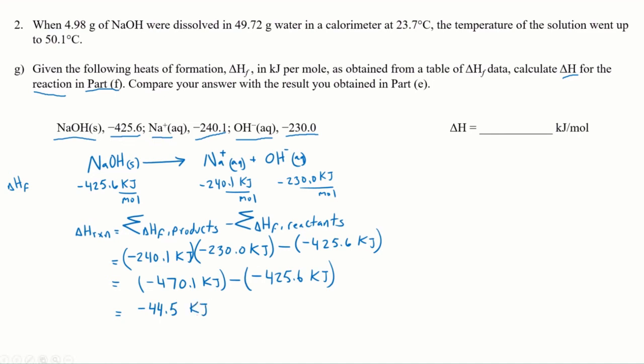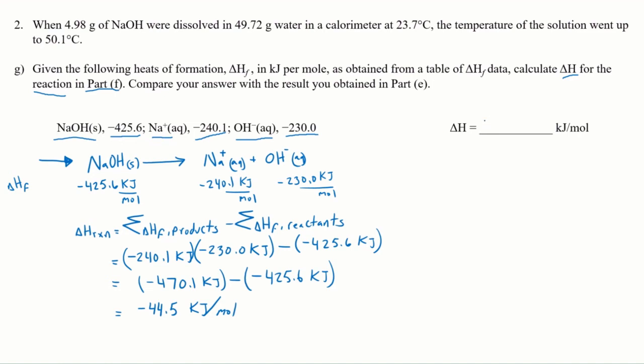Now this amount of enthalpy of the reaction is coming from 1 mole of sodium hydroxide. Here in the reaction we calculated this according to 1 mole of sodium hydroxide. So when it's asking for the change in enthalpy per mole of sodium hydroxide, this is the amount given off per mole of sodium hydroxide.